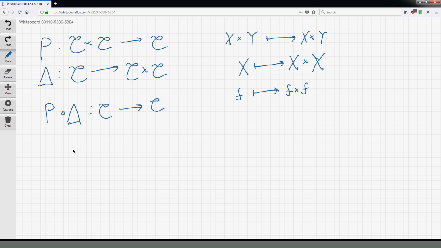But I guess now would be a good time to start talking about functor categories. I discussed, I think in the first lecture, that the category of categories is something called a two category, which basically means that the morphisms between any two objects in a two category actually form a category themselves.